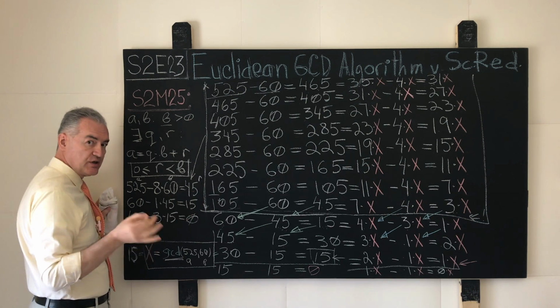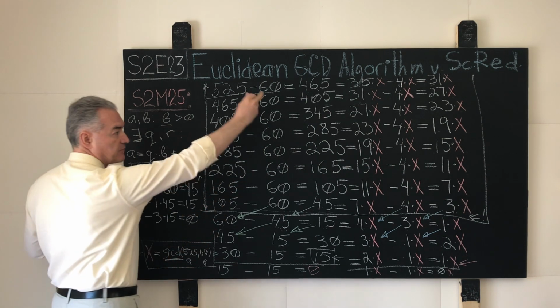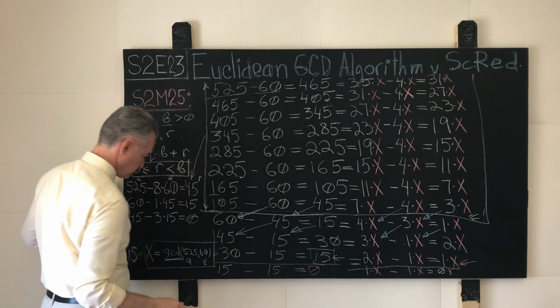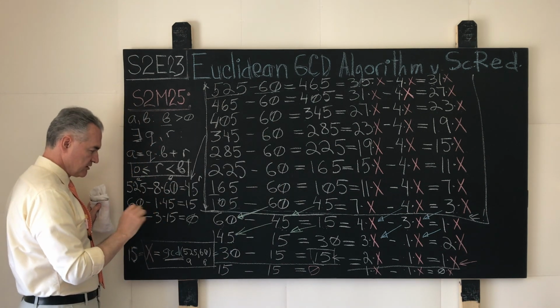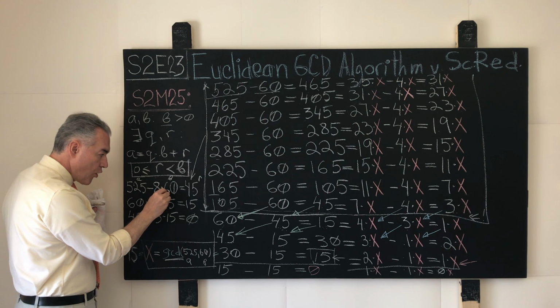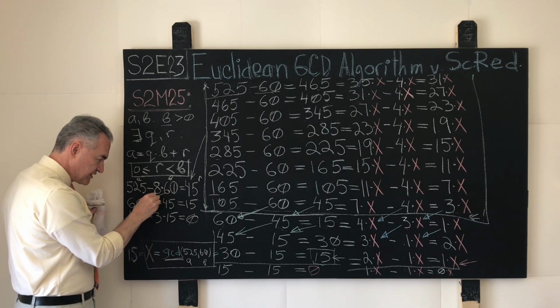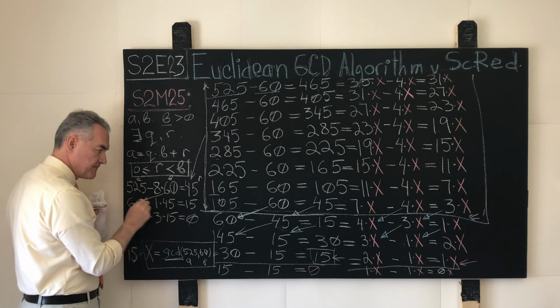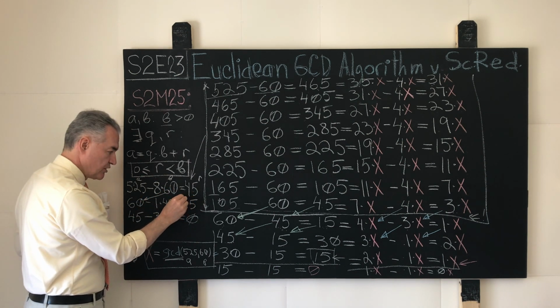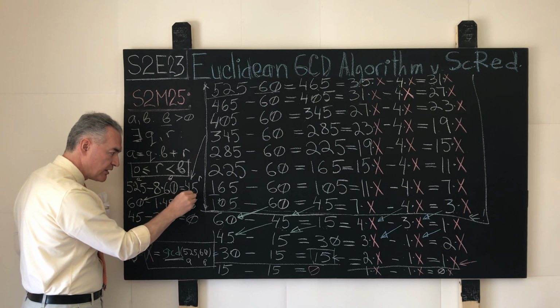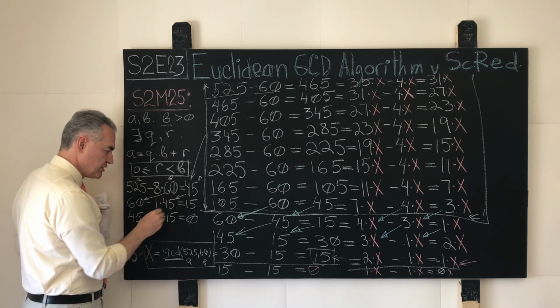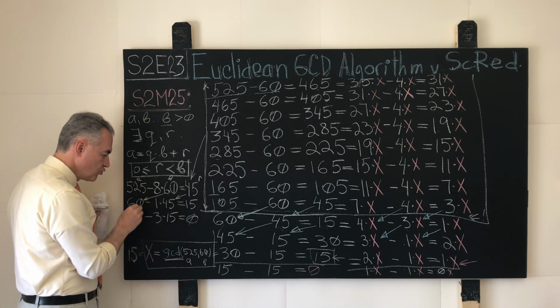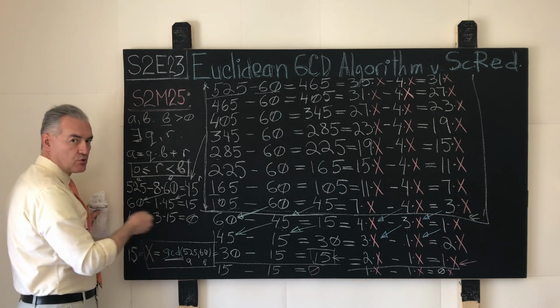So what do we do here? We always promote the number 60 into the new larger number. So b is promoted into a, and r, the residue, is promoted into b. It now becomes the new smaller number, and 60 becomes the new larger number. And we repeat the whole thing again.